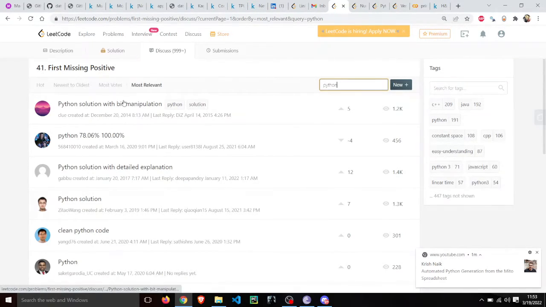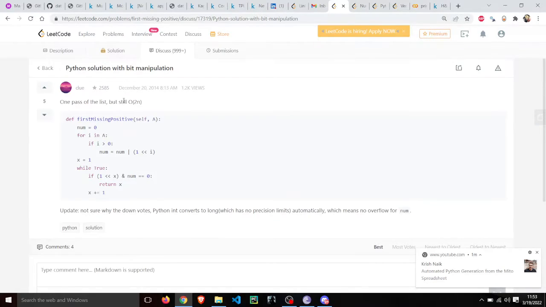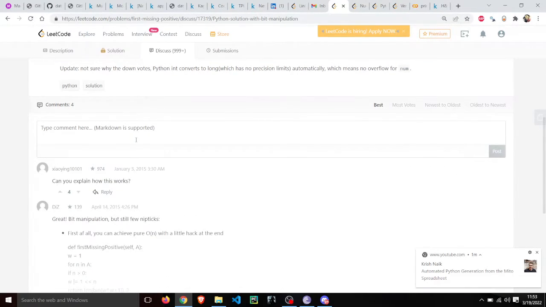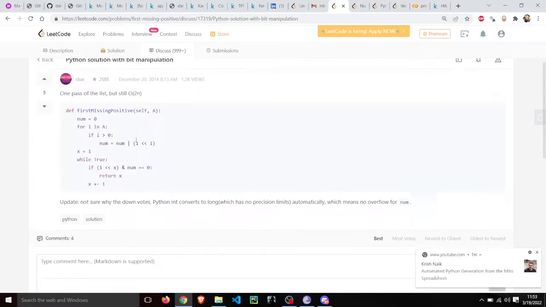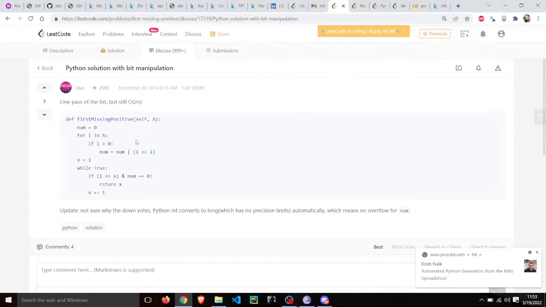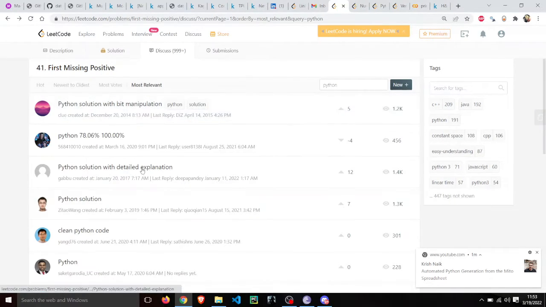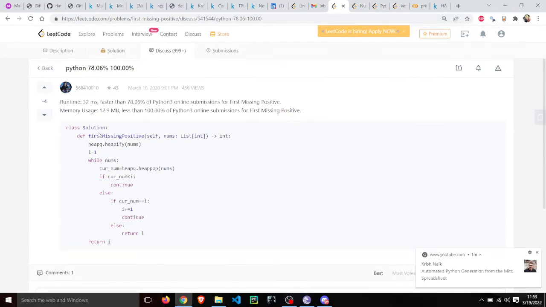Bit manipulation, yeah. Bit manipulations are always kind of tricky, but let's go to the next one. Someone who explains what he's doing. Oh, heap.